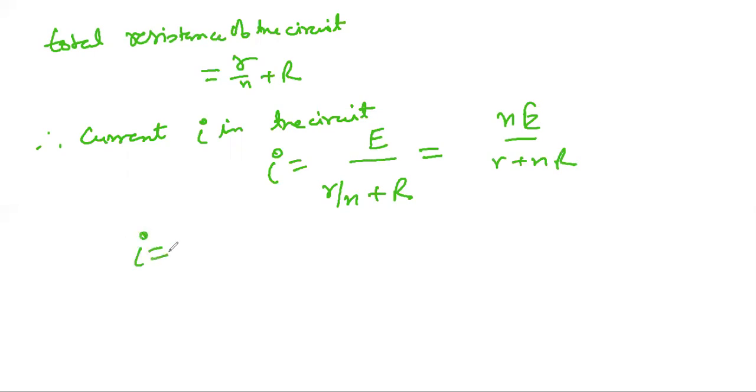So your formula is I is equal to n capital E divided by R plus nr.